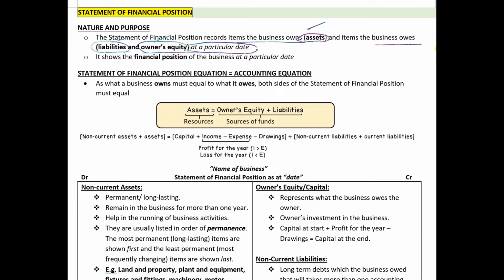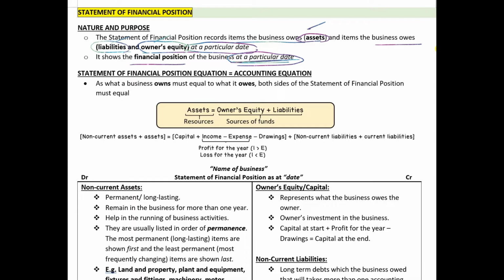So a statement of financial position will show the financial position of a business at a particular date, okay? This is as opposed to the income statement, where the heading will say income statement for the year ended. This one, the statement of financial position, you will see that it will say at a particular date.